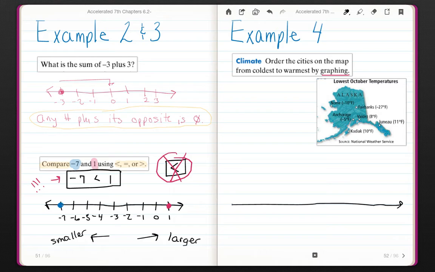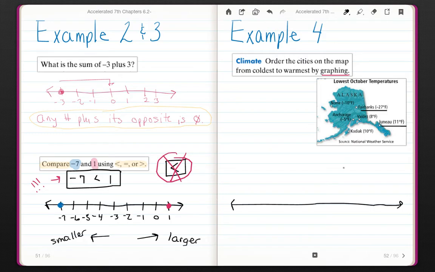And the first thing I need to do is identify what are my warmest and my coldest. So let's see, Kodiak is at 10 degrees, Juneau at 11 degrees, Fairbanks -27, okay, that looks pretty low. So it looks like Juneau is going to be my highest, and Fairbanks here is going to be my lowest.